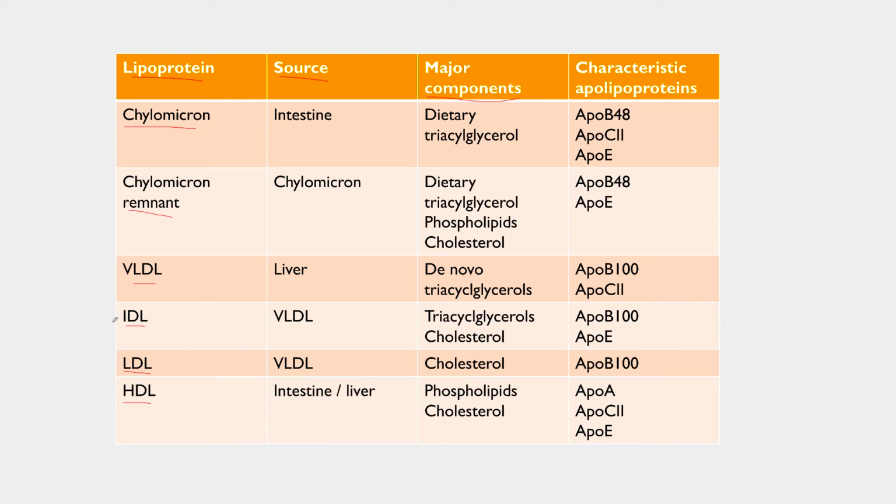IDLs are a maturation product of VLDLs, and the same is true for LDLs. HDLs, however, can originate in several different locations, primarily the intestine and the liver. And these will be focused on in their role in reverse cholesterol transport. We'll also talk specifically about the role of each of these apoproteins in subsequent discussions, but this will serve as a good reference for you as we move through the week.